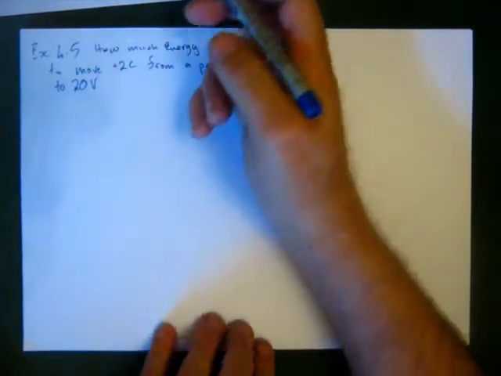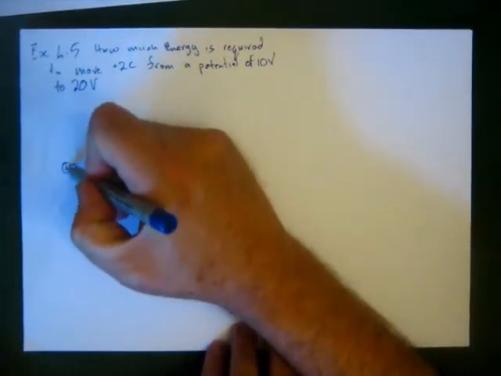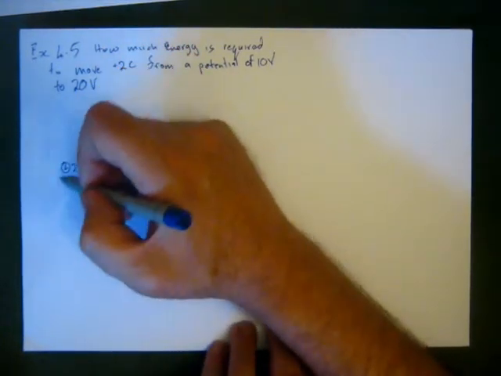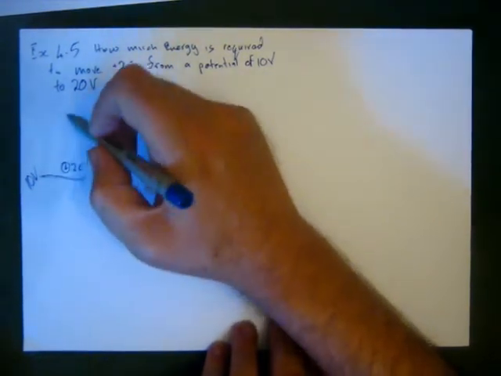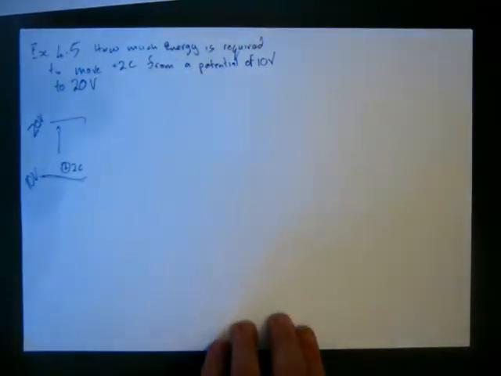So let's just draw a picture there. Here's our charge, which is plus 2 coulombs, which is a freaking big charge. We've got a plate here at 10 volts, a plate here at 20 volts, and we're going to shift it from there to there. What is the change in energy?